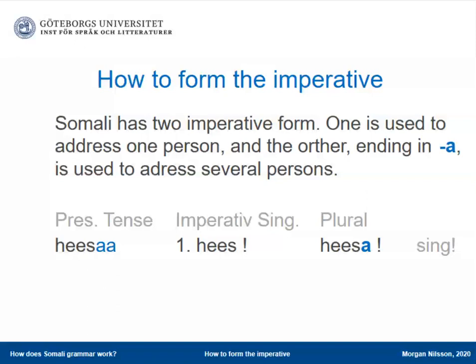But if you want to address several persons, you have to add a plural ending to the imperative. And the plural ending of the imperative is always a. So in this case, the imperative that you use for several persons is hesa.